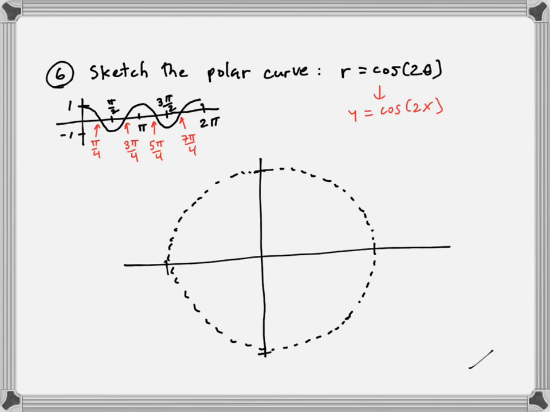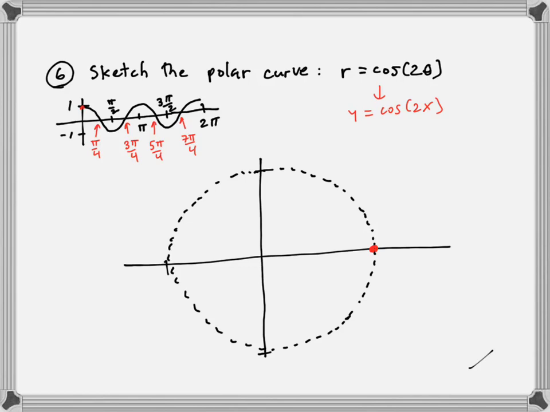So there's our unit circle, and we want to translate what we saw. Let's start with this point over here. Okay, so that would be the point where the angle is 0 and the r value is 1. So that's right here. Okay.